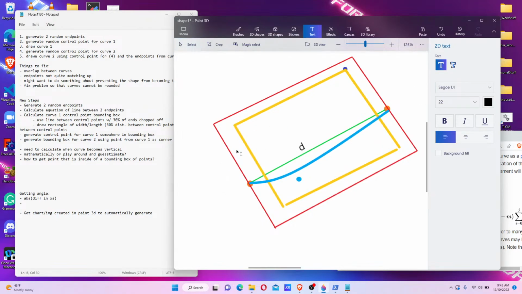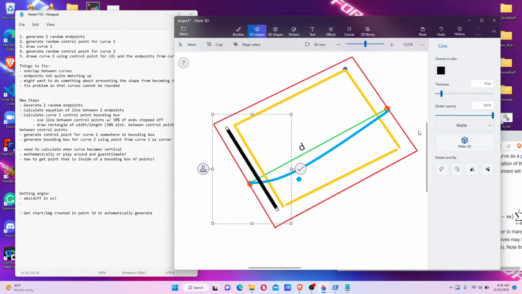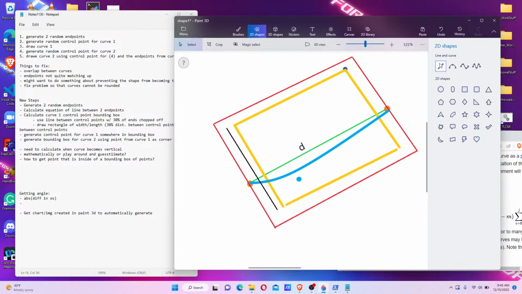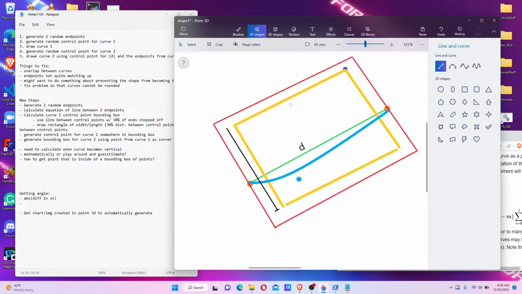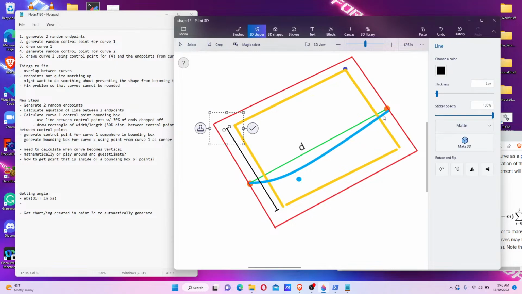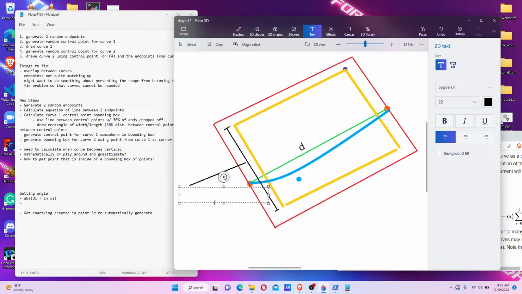Then the distance of this yellow line, put another line in there. Couple endpoints. Okay. And then let's put in that text. So what this should be is 0.7d.